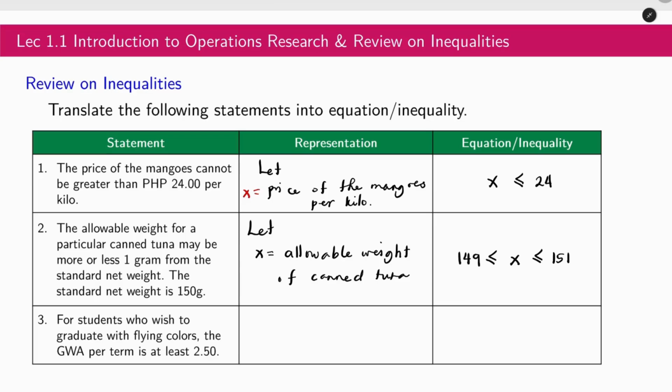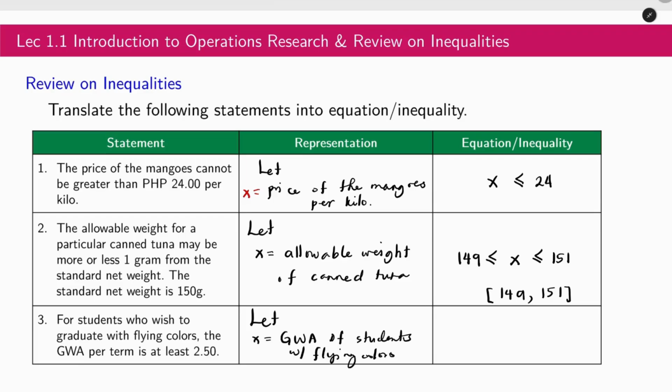Okay, naglalaro lang dapat dyan sa within that interval. Take note that this means that closed interval 149 to 151. Pwede maging value mo dyan 149, 149.5, 149.99, 150, the standard. And then 150.71. Basta hindi lalagpas sa 151 at saka 149.